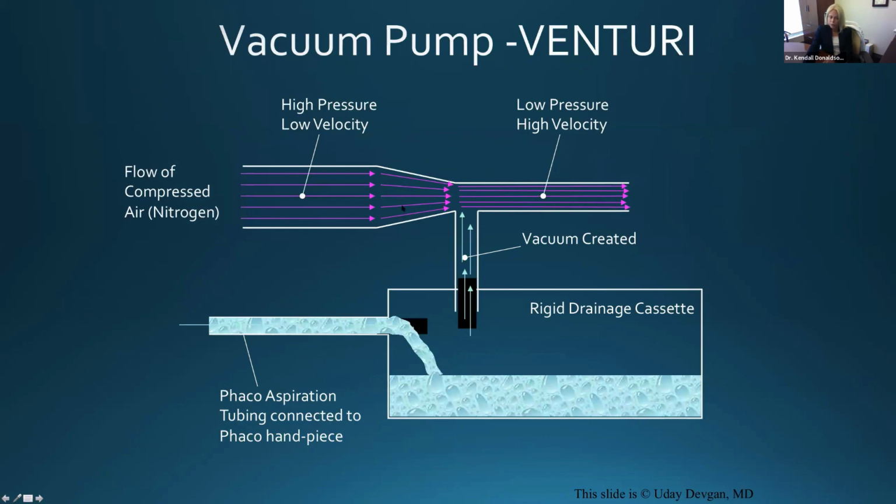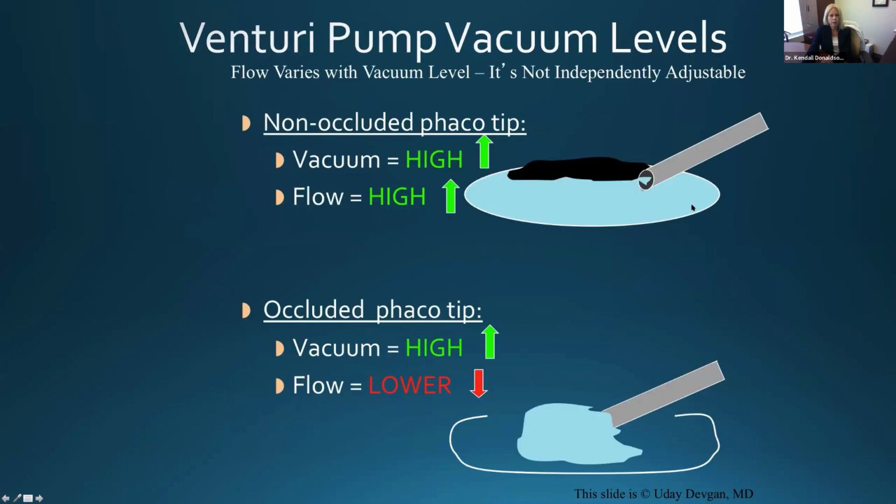In contrast to the peristaltic pump, with the Venturi pumps, again, more of the pumps that we see in Europe, okay? This is based on compressed nitrogen flowing over a rigid drainage cassette, as opposed to a bag, which we had, a non-rigid cassette with the peristaltic pump. This creates vacuum as it goes from a high pressure to a low pressure system here, and the vacuum helps us suck those pieces to the phaco tip.